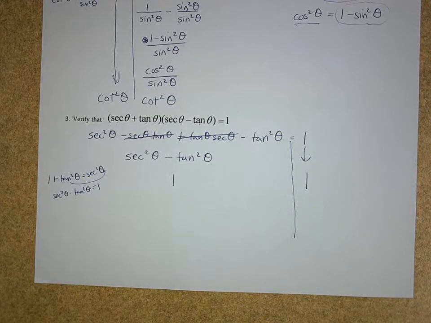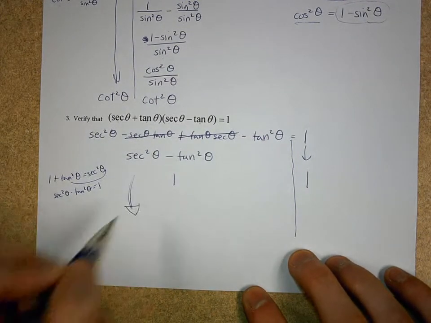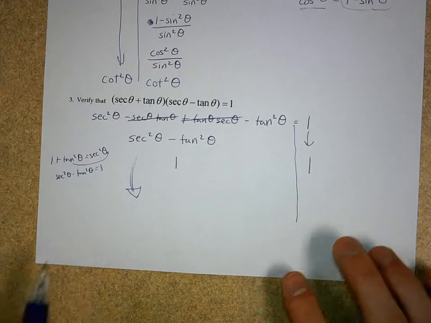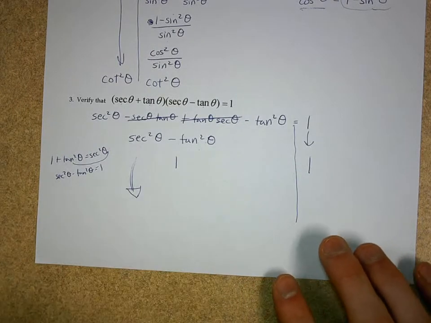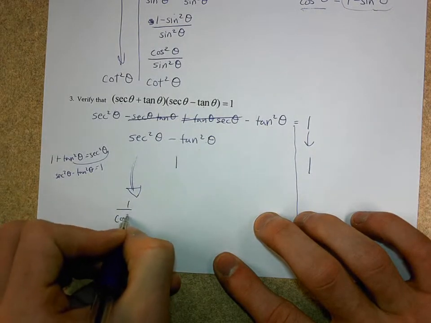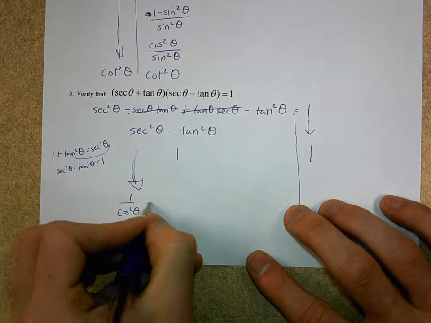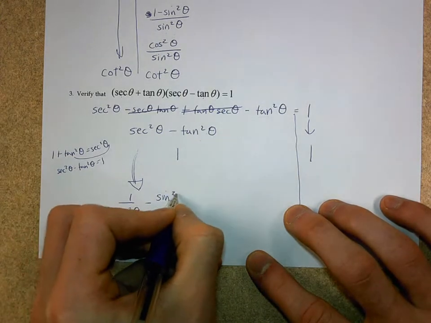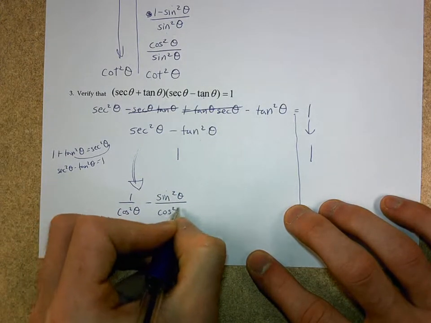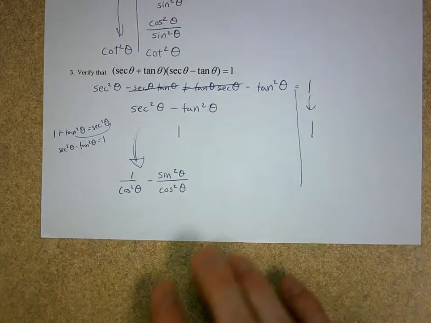If I wanted to and I wasn't convinced enough with just this step, I could come down here and rewrite secant and tangent squareds in other terms. Secant squared theta is the same thing as 1 over cosine squared theta. Tangent squared theta is the same thing as sine squared theta over cosine squared theta.